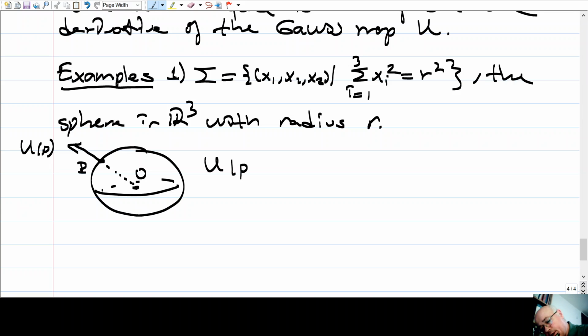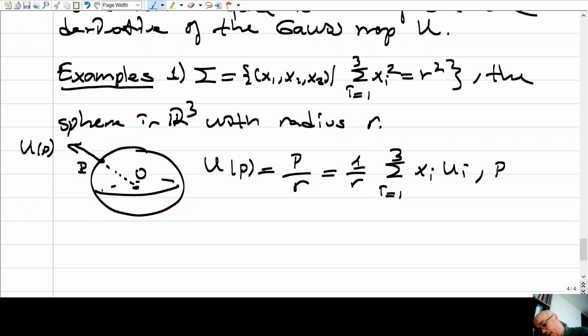So u_P is nothing but the vector P. I regard this point as a vector from the origin to the point P, but this has length r as a vector, so I divide by its length. So my u_P is this. In coordinates, this is just 1 over r times the sum of x_i u_i, i from 1 to 3, where P is the point (p1, p2, p3) on the sphere.